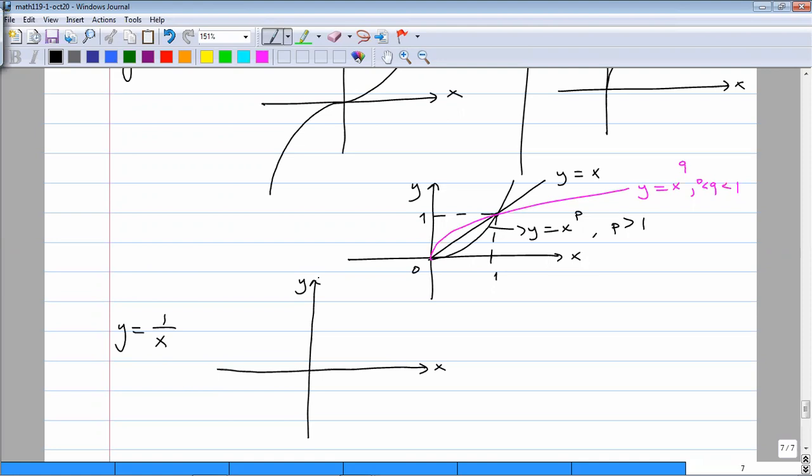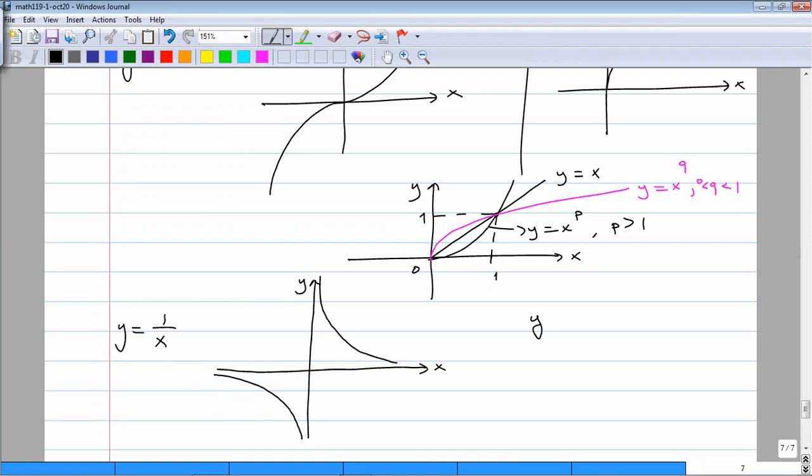So the graph is like this. As x gets large, the values of y get small. It approaches 0. And as x approaches 0, the values of y get very large. Or if you're approaching 0 from the negative side, y gets large in the negative direction.